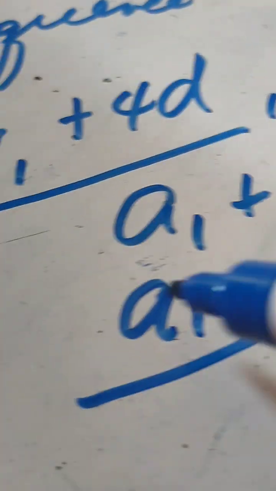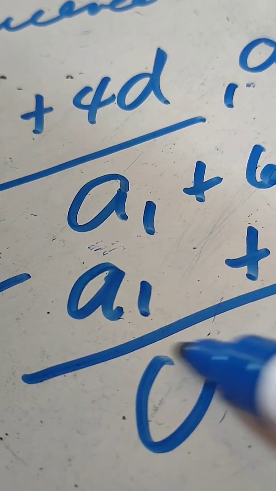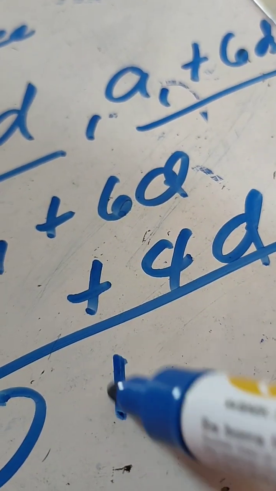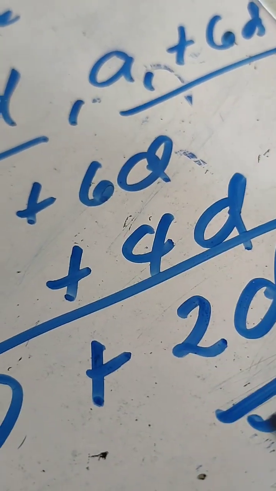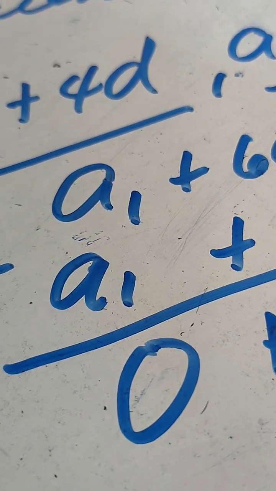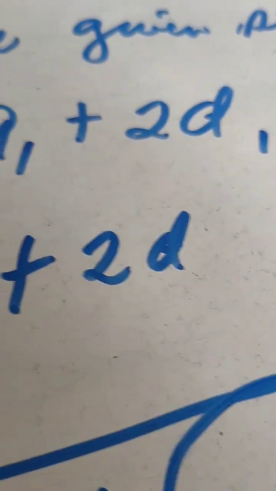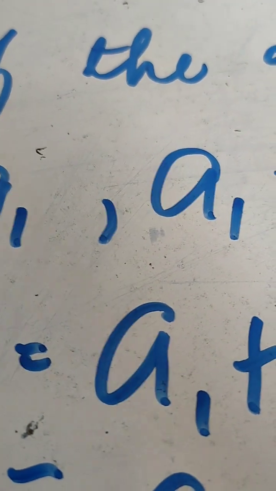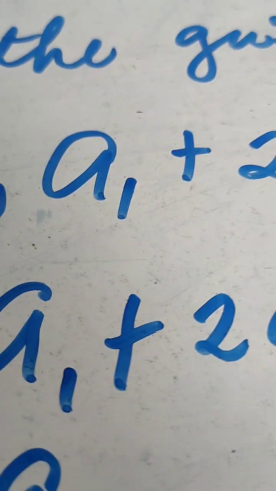Now, a sub 1 minus a sub 1 is 0, and then 6d minus 4d is 2d. So, actually, our d now is 2d. So, that's it. That is our answer in the given problems, the three problems that we have.